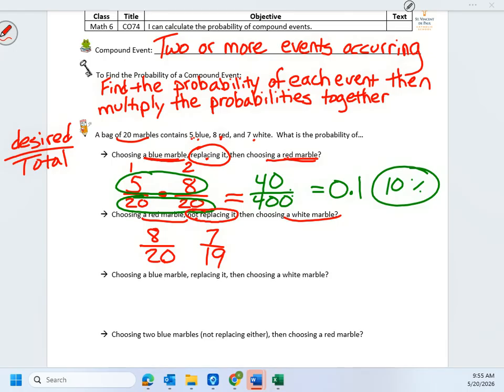What do I do next? What do you think I'm going to do next, Mallory? Multiply. Remember, when I multiply my fractions, multiply straight across. So what is the probability of choosing a red, not replacing it, and then choosing a white? What is my fraction going to be?